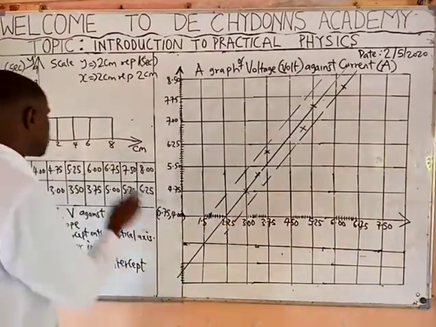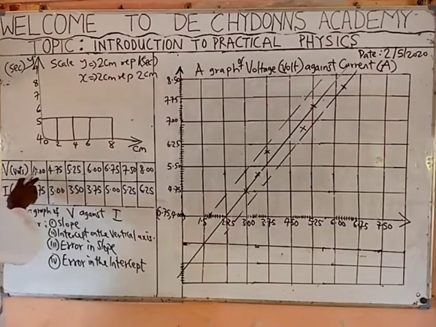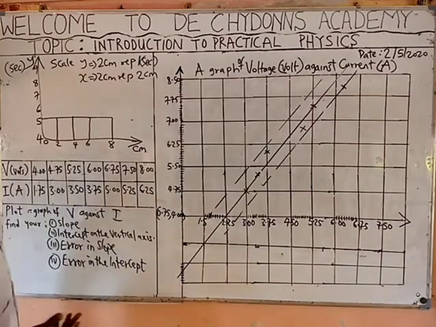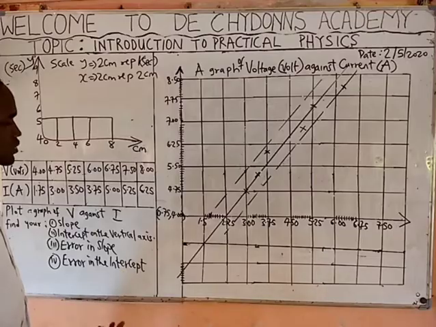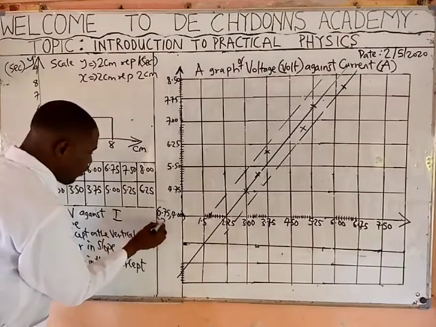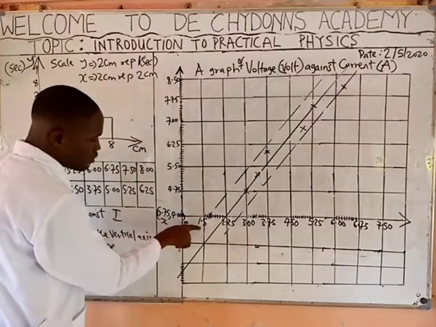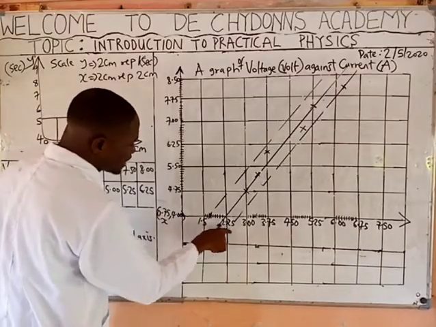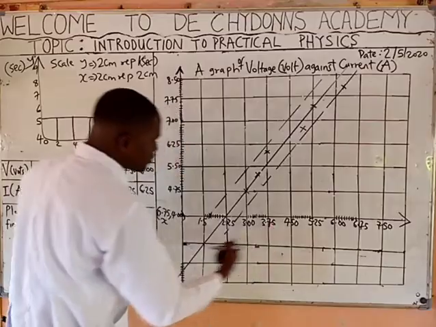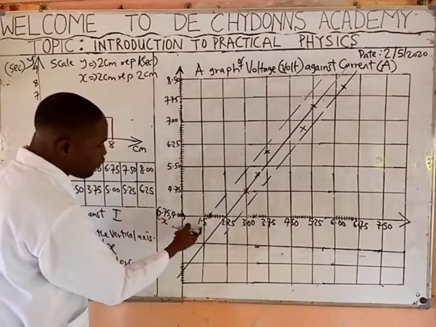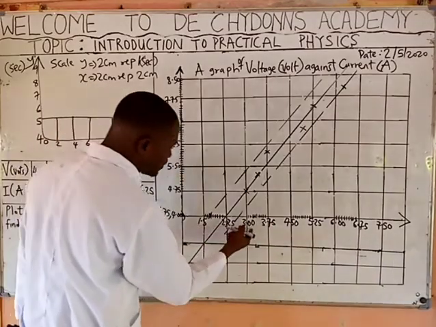Now, because our vertical axis starts from 4, to make our graph look sweet, this is our x. This is where the x starts from: 0.75, 1.5, 2.25, 3.0.